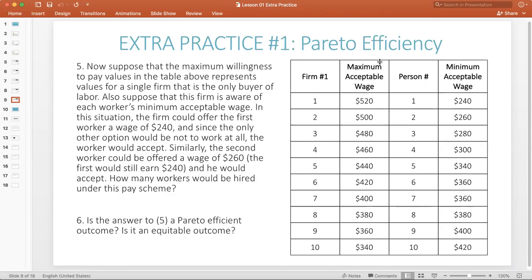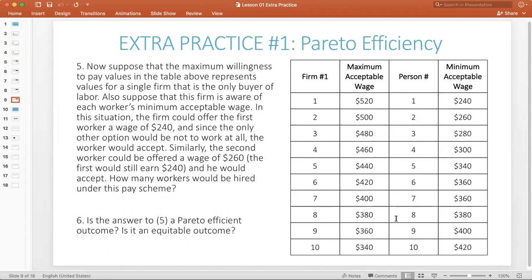So under this pay scheme, we can see that everyone is going to be paid exactly what they want. So then we have to think on the margin, which is something you've probably heard before. With this idea of thinking on the margin, we want to hire people up to the point where the marginal cost equals the marginal benefit. So in this case, it's where the maximum acceptable wage equals the minimum acceptable wage.